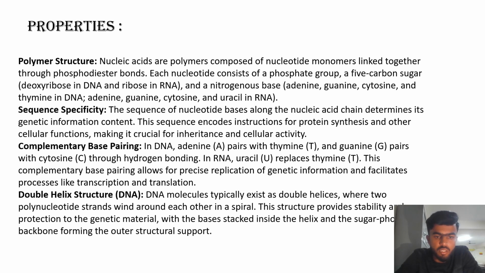Double helix structure: DNA molecules typically exist as double helices where two polynucleotide strands wind around each other in a spiral. This structure provides stability and protection to the genetic material, with the bases stacked inside the helix and a sugar-phosphate backbone forming the outer structural support.